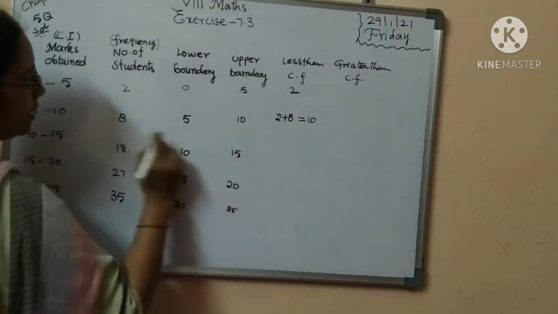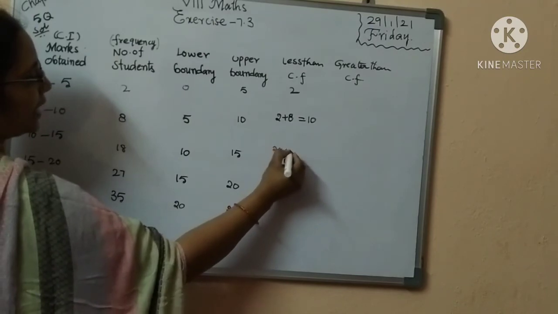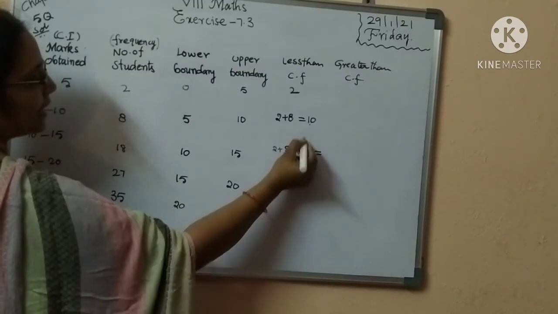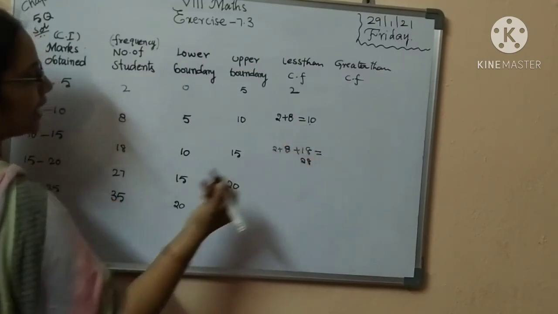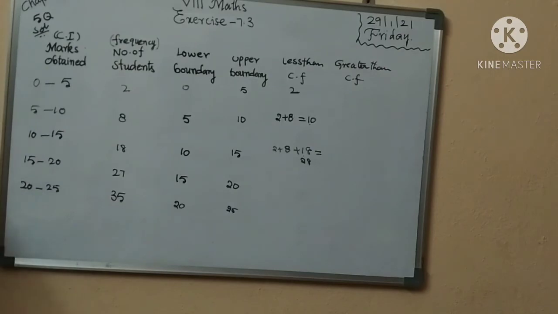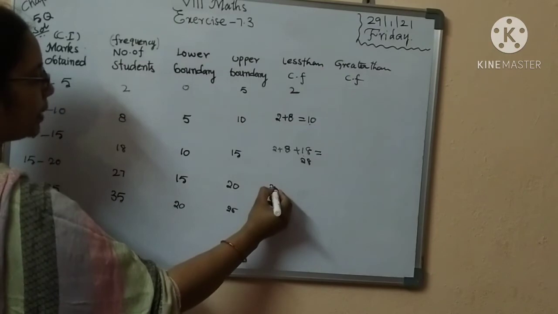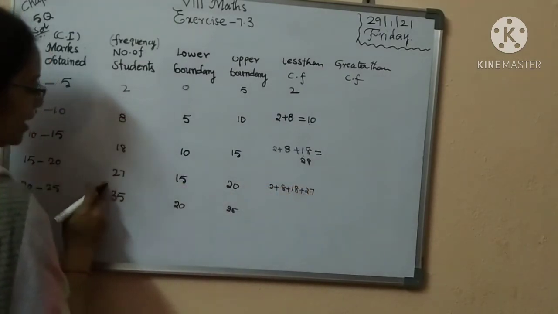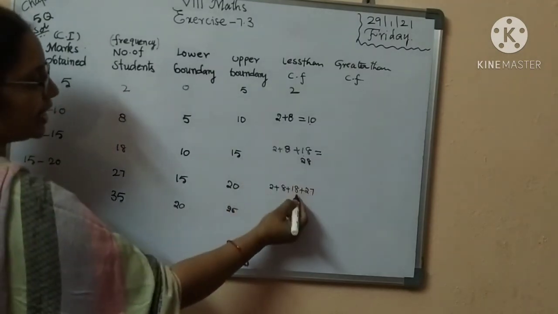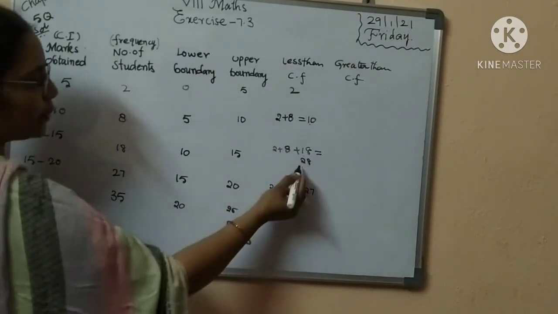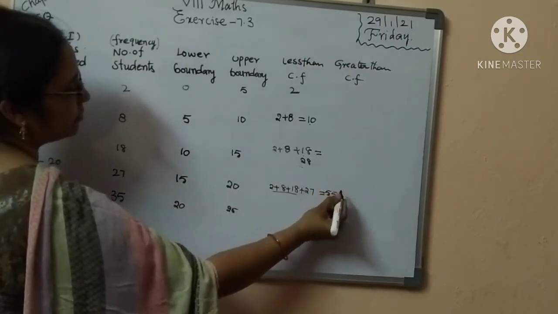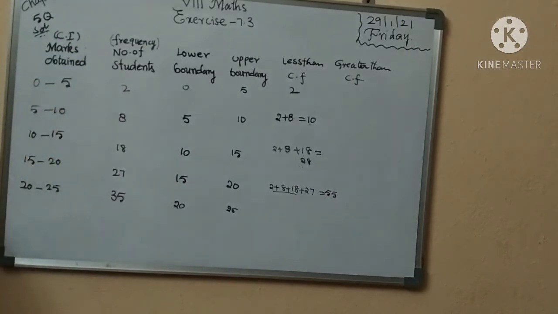Next, 2 plus 8 plus 18: already we have 10, and 10 plus 18 is 28. Next, 2 plus 8 plus 18 plus 27: already up to here we have 28, 28 plus 27 is 55.